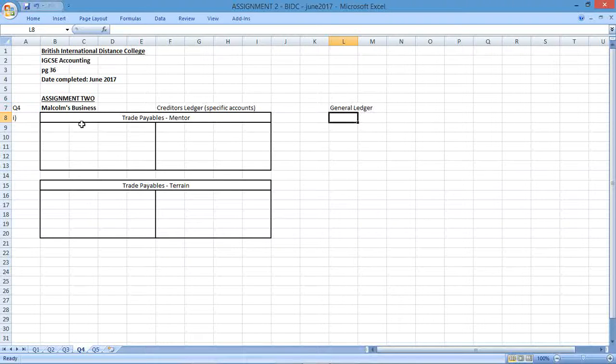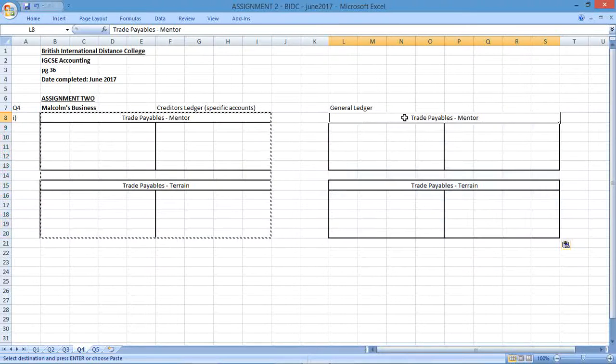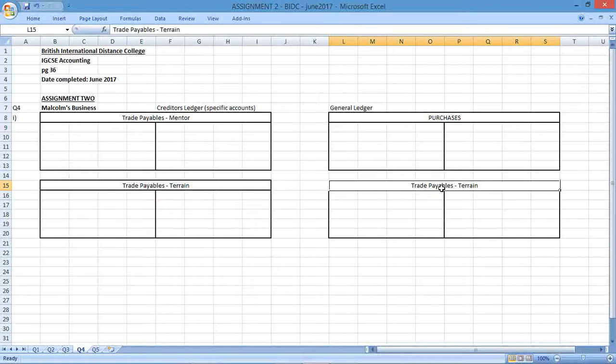General ledger, and I'm also going to have 2 accounts there, one for purchases. Okay, so we know that's periodic in terms of the inventory management system, and purchases returns. Brilliant.